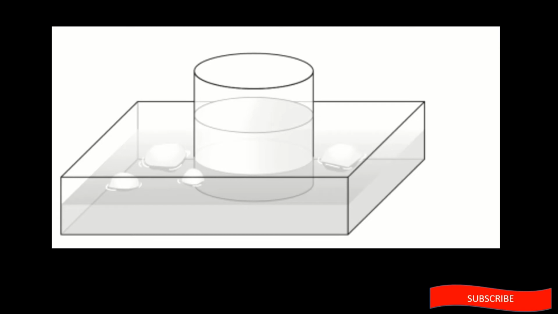So this is what a water bath is. Test tube A is in a water bath at 10 degrees Celsius. Test tube B is in a water bath maintained at 20 degrees Celsius, and so forth.